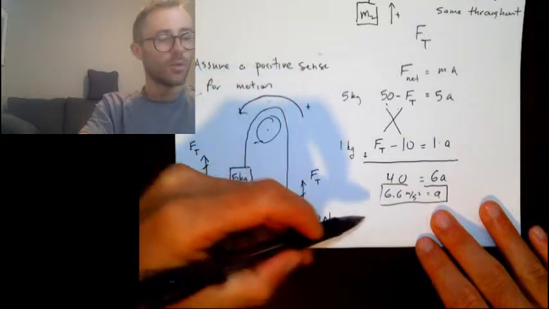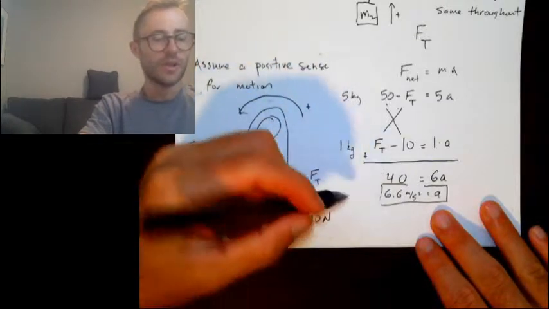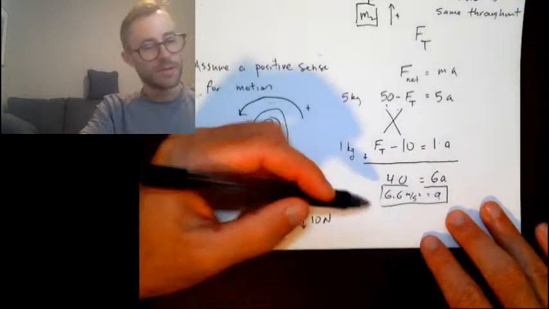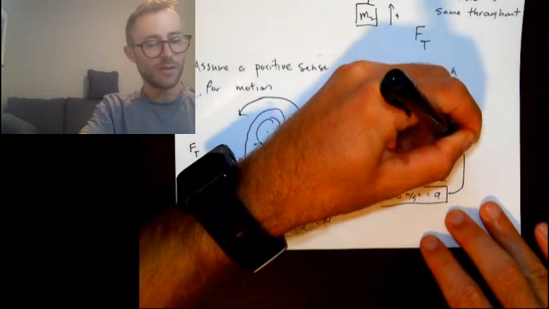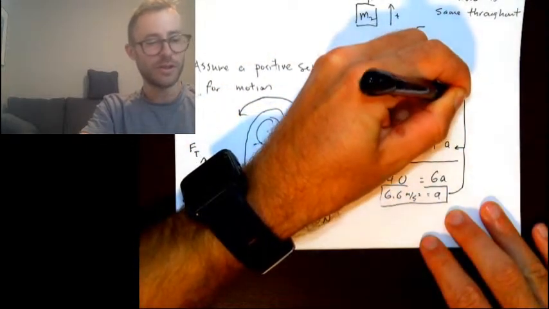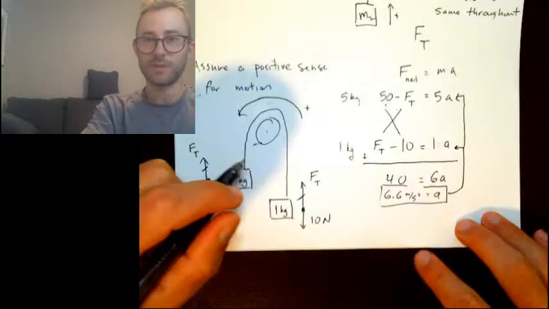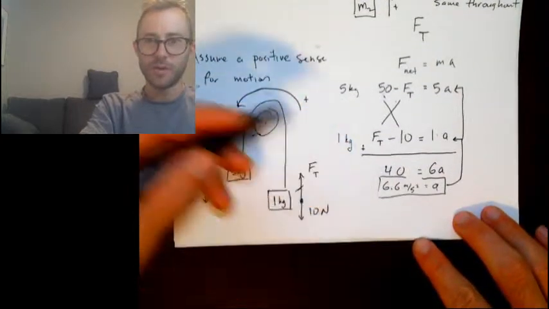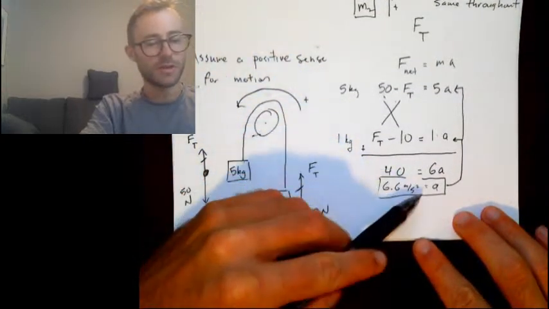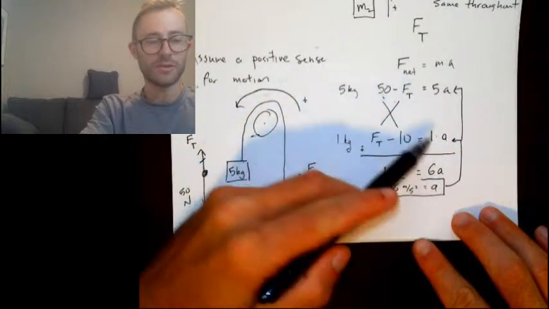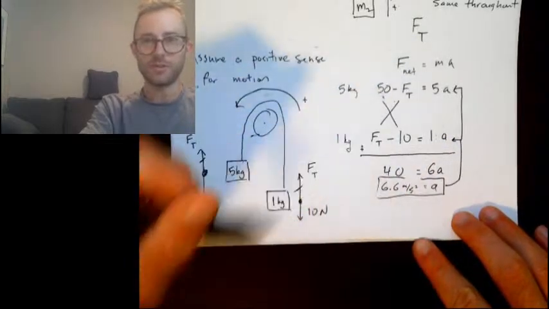Okay? Once we have the acceleration, we can plug that back into either one of these two equations and solve for the tension. So I'm going to plug the acceleration back into this equation right here.